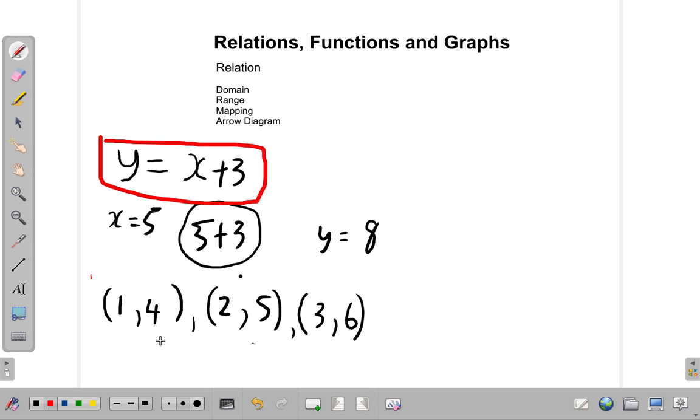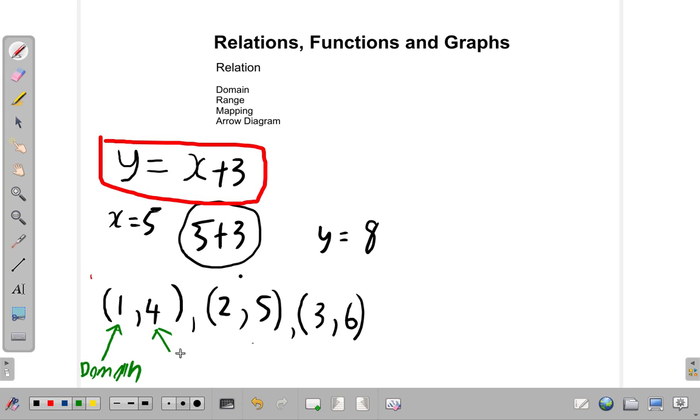Now, when you have the first number put there, in this case 1, you input 1. What you put into the relation is called the domain, right?